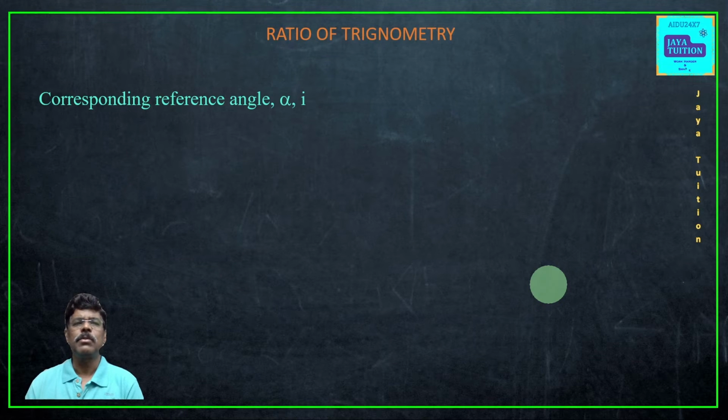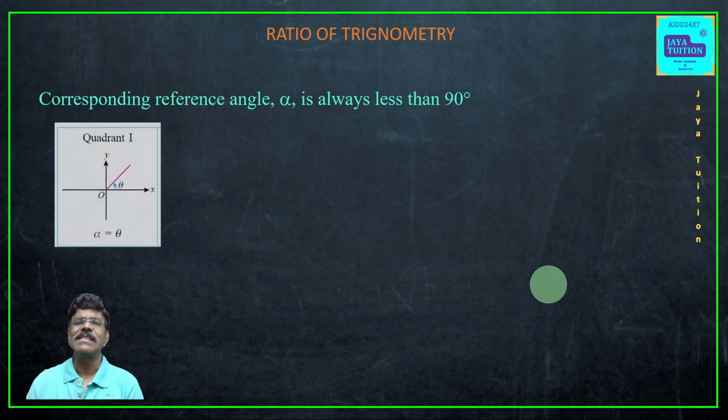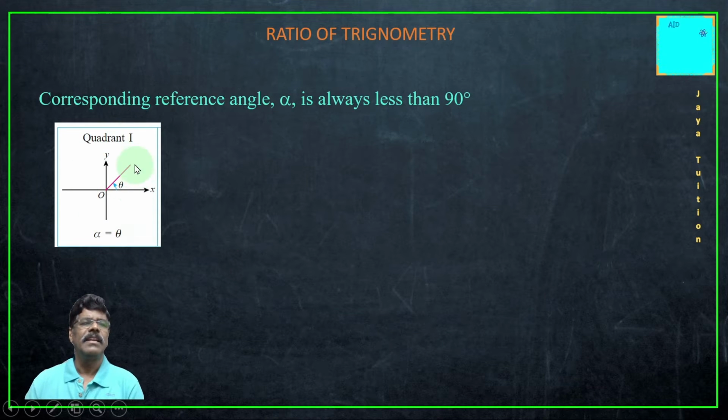Let us try to see what exactly the corresponding reference angle alpha is, and this value is always less than 90 degrees. In the first quadrant, if the value of theta is there, the values of alpha and theta both remain the same.